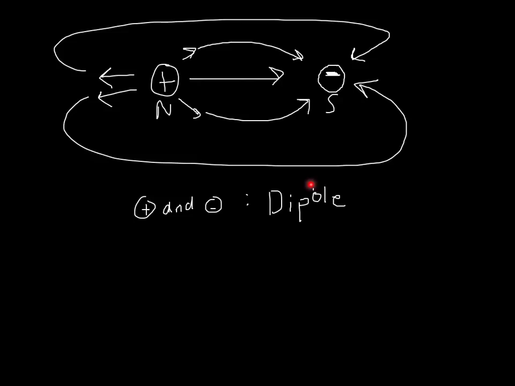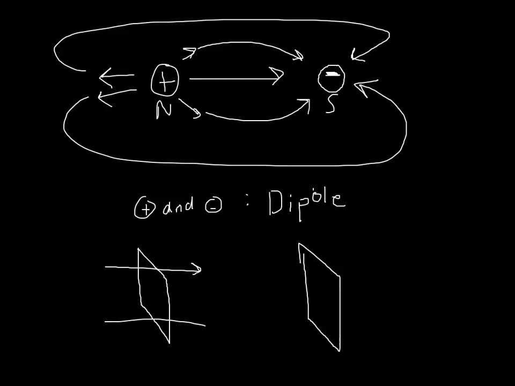We also have a way to describe strengths of electric fields. The strength of an electric field depends on how many field lines are passing through a given area. So I have two plates here. I'm going to draw two electric fields. I'm going to draw field number 1. It's got 2 lines. I'm going to draw field number 2.